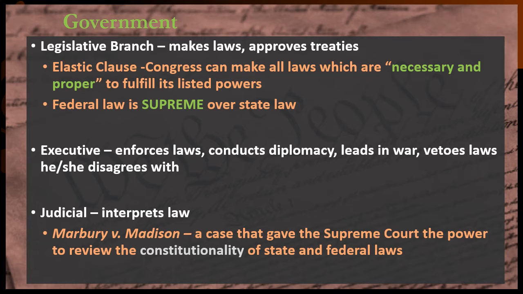Our Supreme Court, at the end of the day, has the job of figuring out what matches our Constitution and what does not match our Constitution. So they are the keepers of how we should read our form of government. What does our form of government mean? What's necessary? What does supremacy mean? They're the ones who get to decide that by deciding if something is constitutional or not.